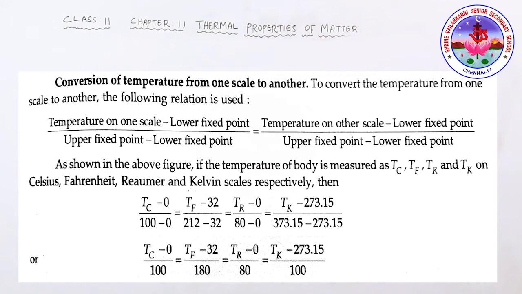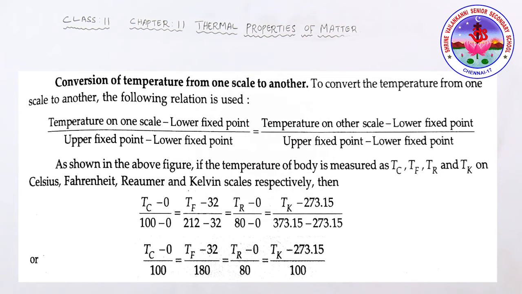So Tc minus 0, the whole divided by the upper fixed point, which I showed there for Celsius, 100 minus 0. In the same way, I have given it for Fahrenheit and Kelvin also. So, Tc minus 0 whole divided by 100.